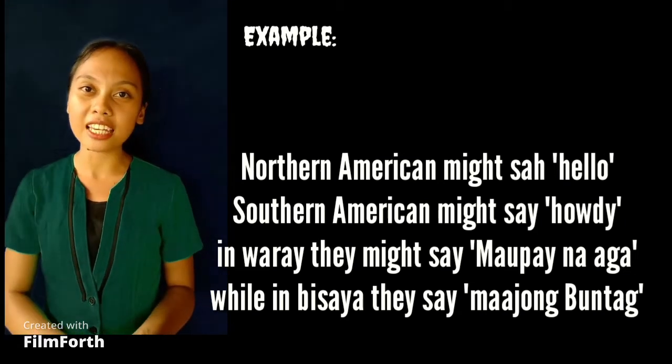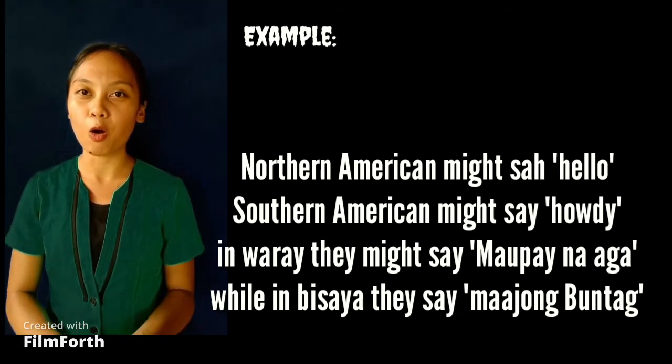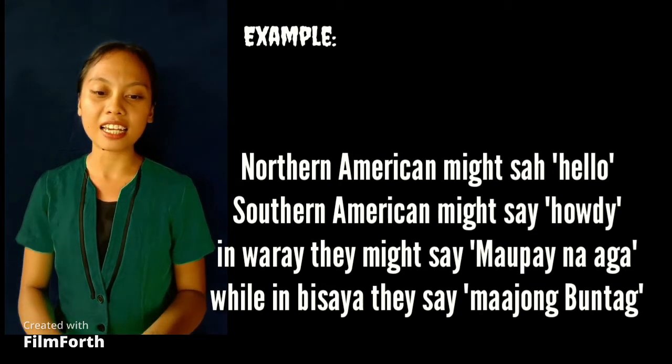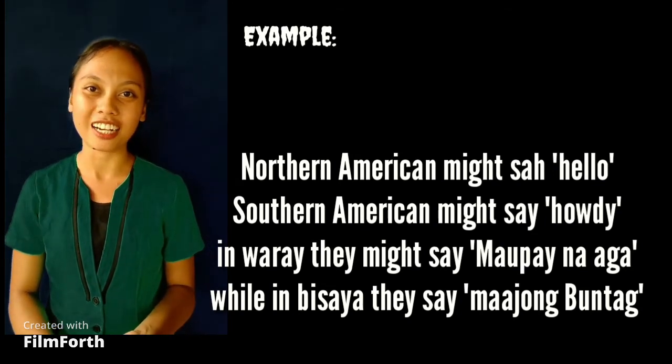But in Waray, they might say maupay na aga, while in Bisaya, they say maayong buntag. This could also be explained as a social or regional variety of language distinguished by grammar, pronunciation, or vocabulary. This is especially a way of speaking that differs from the standard variety of language.